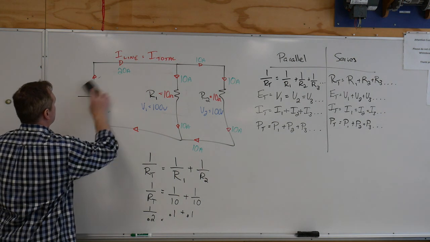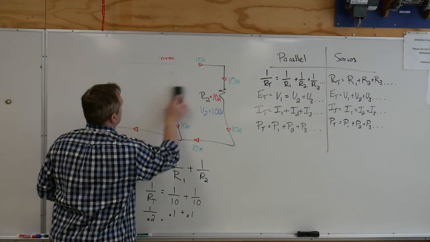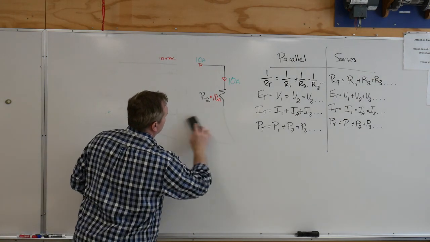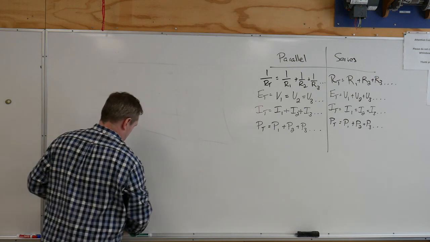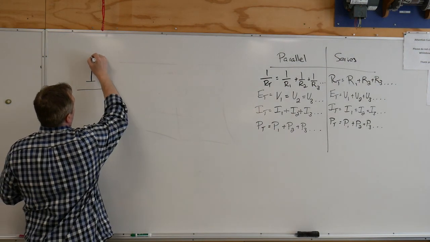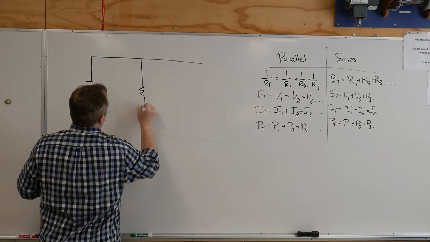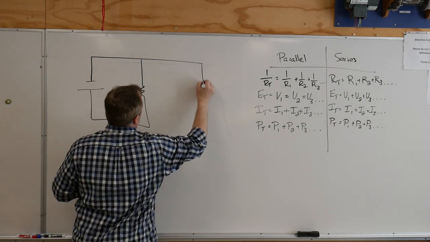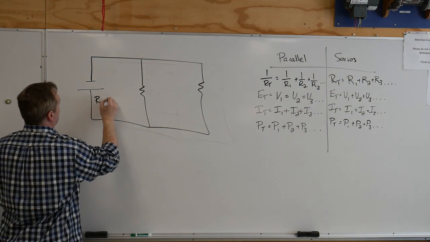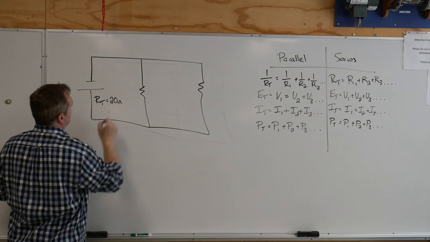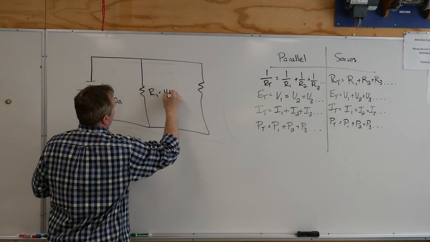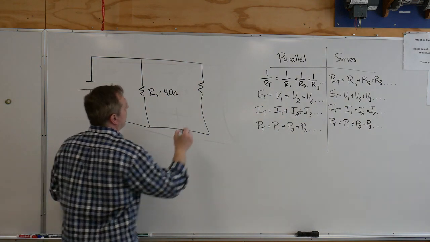Lastly, if we wanted to look at solving for resistances in parallel, and let's pretend we already knew what the total was. Here I'm going to look at just 2 resistances in parallel with each other. If I gave you an R total of 20 ohms, R1 was 40 ohms, what is R2?